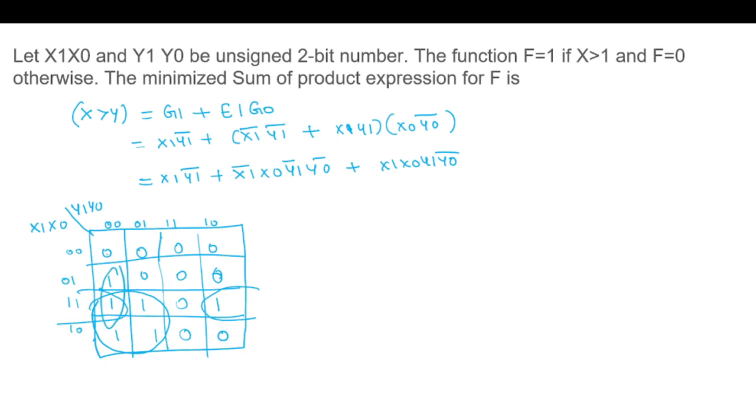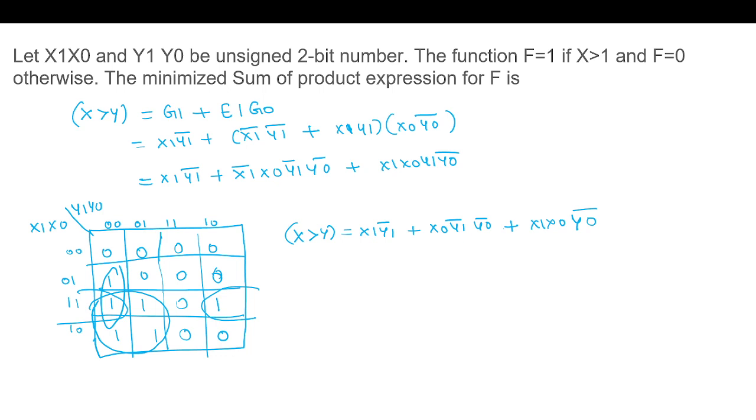This will be the groups. So the x greater than y is x1 y1 bar plus x0 y1 bar y0 bar plus x1 x0 y1 y0 bar. Okay, this will be the simplified expression.